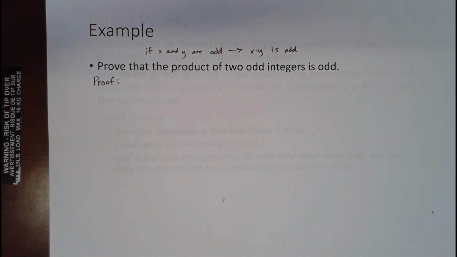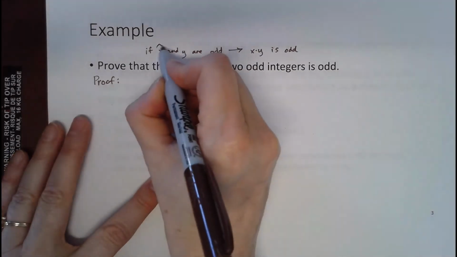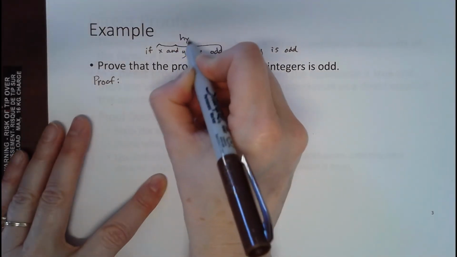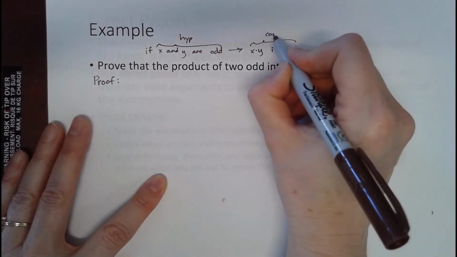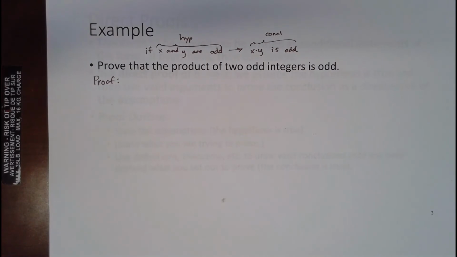Okay, so at least have that idea in your brain. This is what we're doing. If this, then that. So we can see that this is our hypothesis, x and y are odd, and this is our conclusion. We're trying to prove that x times y is odd. So that'll help us state our assumptions and state what we're trying to prove.